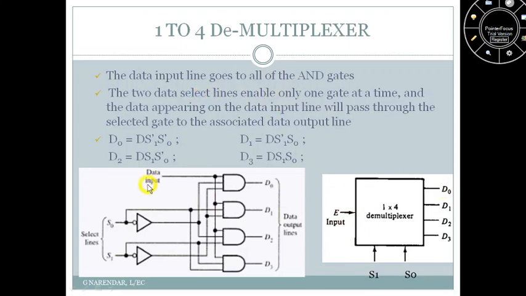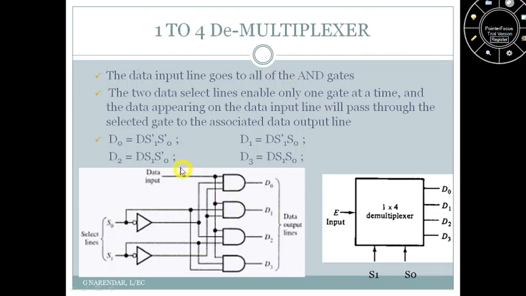So here we have shown at the left the combinational logic circuit of the 1 to 4 demultiplexer by using basic logic gates. So here you can see that this is the data input, that is the input line, and these are the 4 data output lines, and here we have the selection inputs S1 and S0.